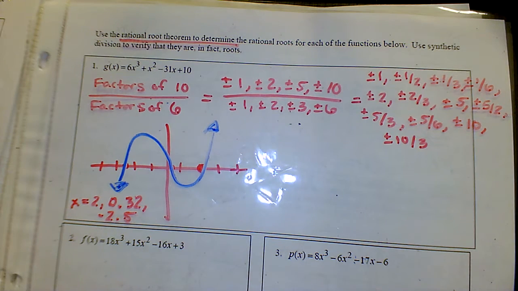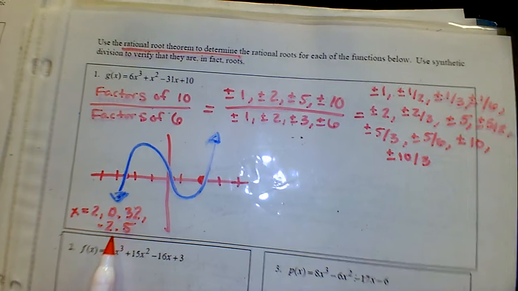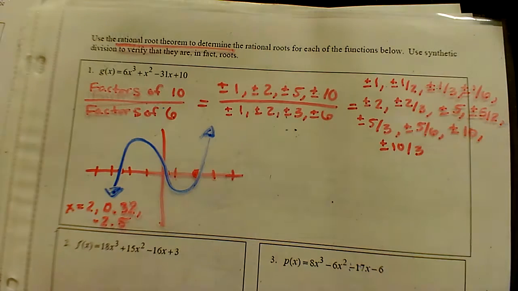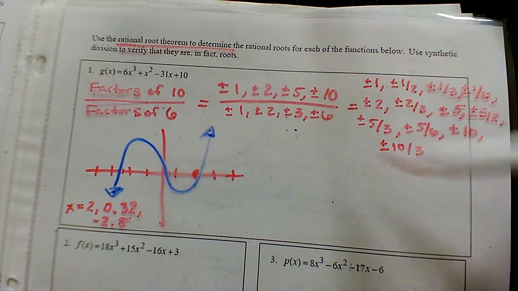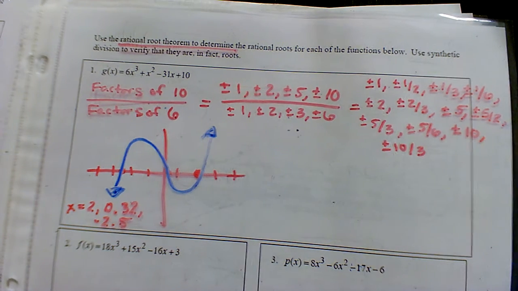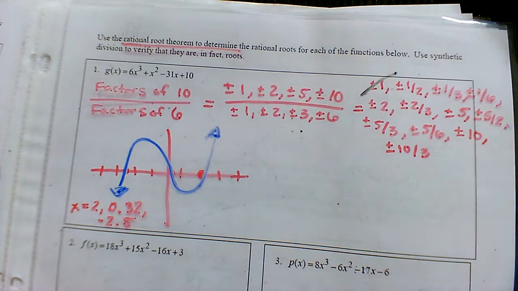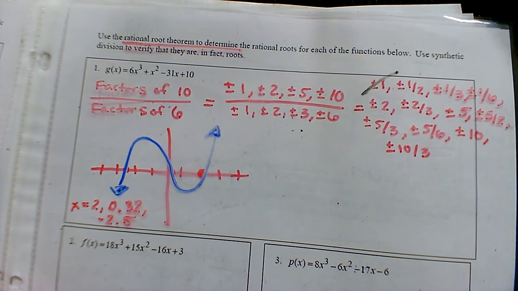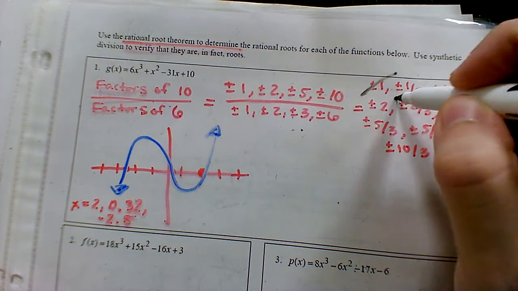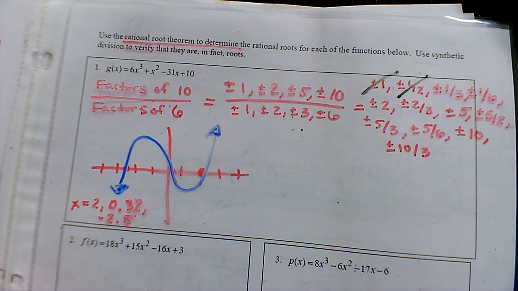Alright, so based off these ones that we kind of identified off the graph, which of these are showing up in our possible list? Okay, we didn't list any that were plus or minus 1, or even close to those. We didn't list any that were close to plus or minus a half.